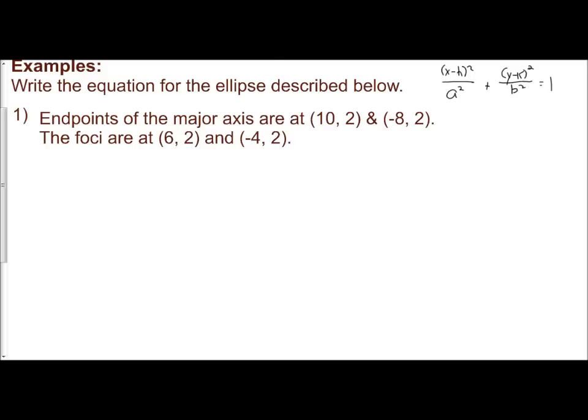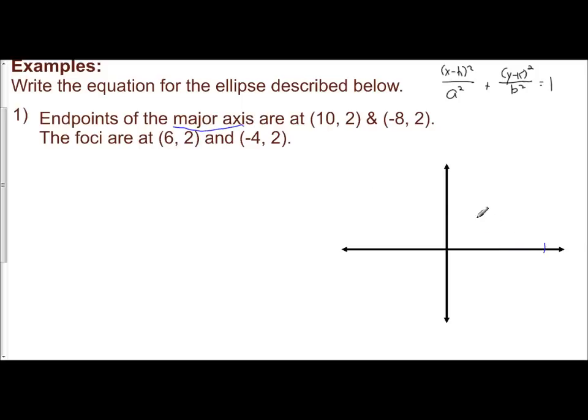So I'm told that the endpoints of the major axis are located at (10, 2) and (-8, 2). So if I were to think about just sketching a graph of it, we're at (10, 2) and (-8, 2). I'll do this in blue for the major axis so we can see the vertices.